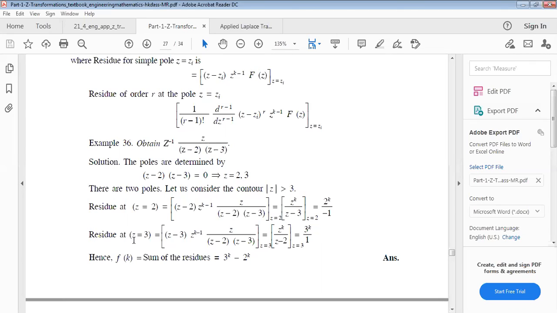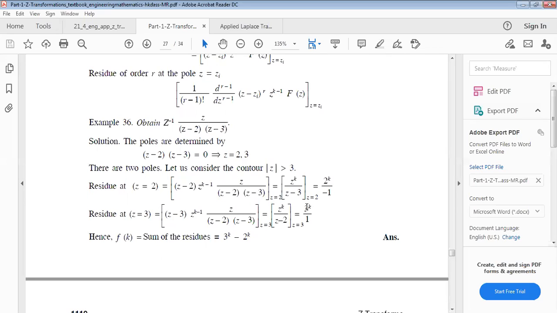Similarly, for the residue at z = 3, zi is 3, so we take (z - 3) z^(k-1) F(z). The (z - 3) terms cancel, so (z - 2) remains, and putting z = 3 gives 3^k divided by (3 - 2), which is 1.